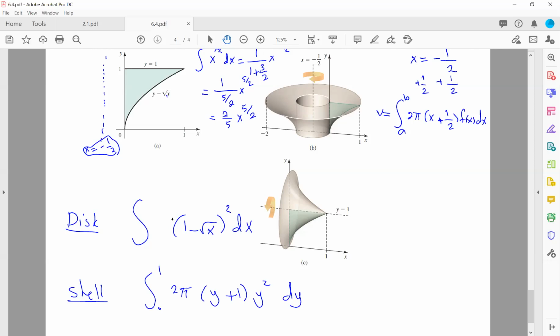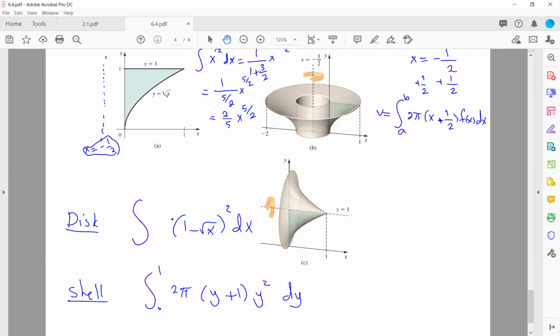Okay, we have two answers here. The rest of the class, what do you think? For disk method, what's the lower limit?